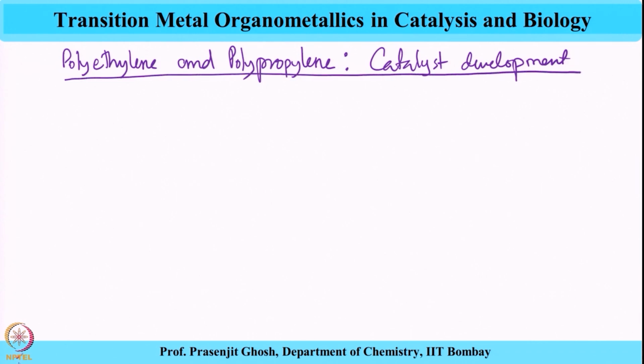In this context, the first we spoke about is ethylene, TiCl4, at 25° centigrade, 1 bar pressure. This is Ziegler-Natta catalyst.